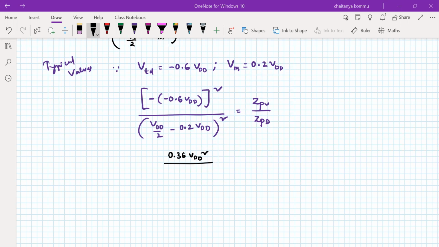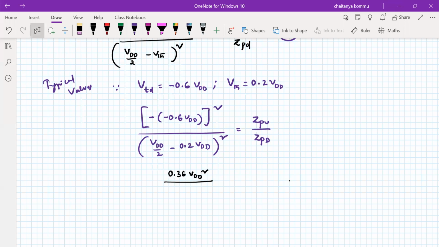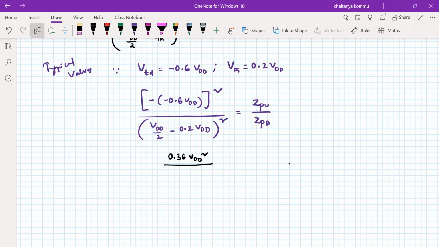Please try to tell me what value I'll get. I think this is 0.3. 0.5 minus 0.2, 0.3 times VDD. So it is 0.3 times VDD whole square.